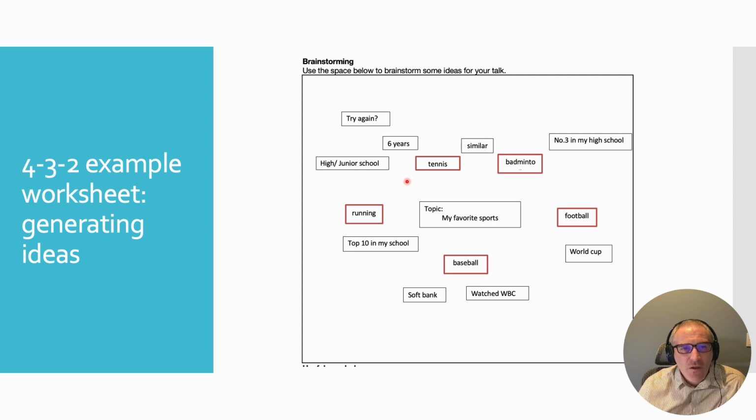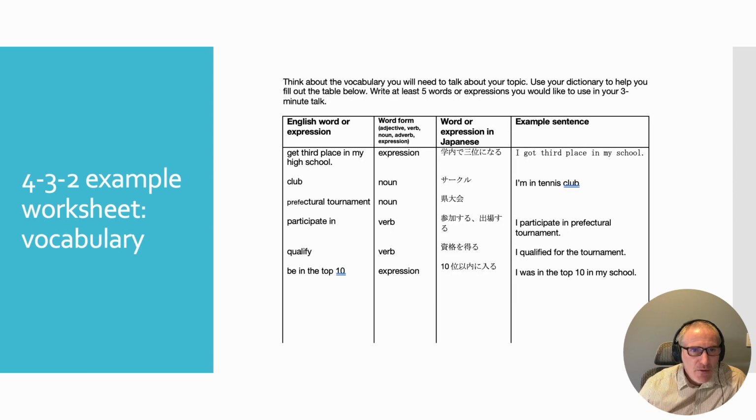So I found this brainstorming activity is a useful way to help them prepare, and also very easy for them to use when they're giving their talk. They can go through each of those points and add in details about each one of them. So that seemed to work quite well.